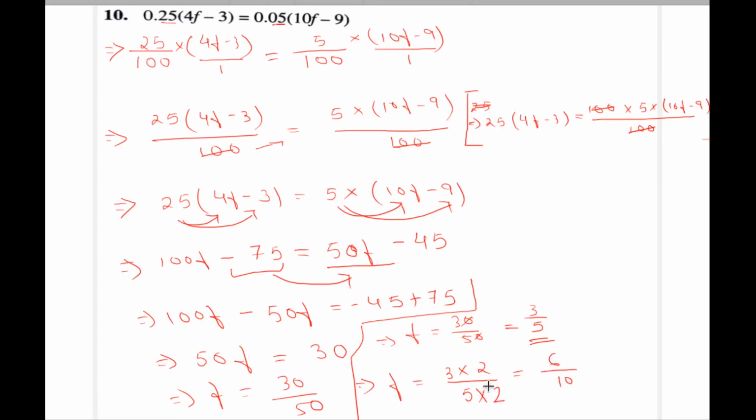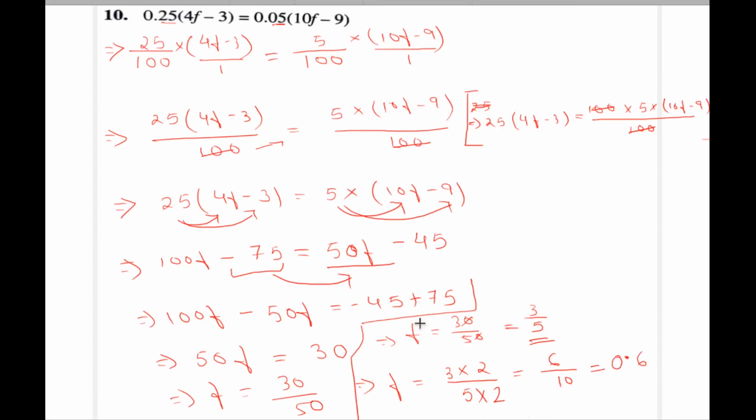How have we made it 10? Just by multiplying both the numerator and denominator by the same number. Okay, so 6 by 10 can be written in decimal form. For the 1 we will put the decimal point, and after the 1 we have one 0, so 1 digit, that is 6. So this can be written as 0.6.